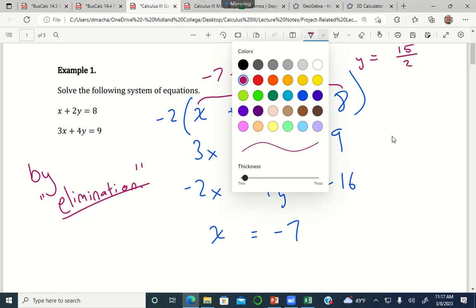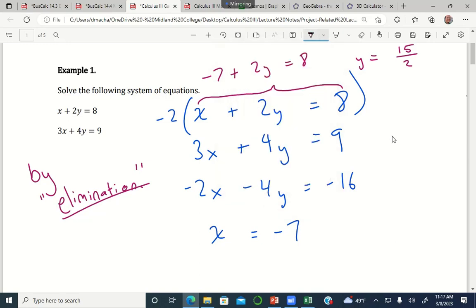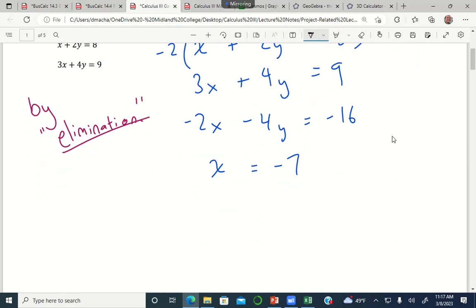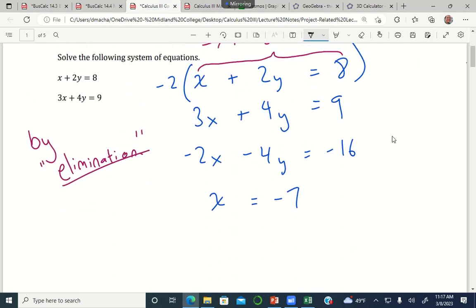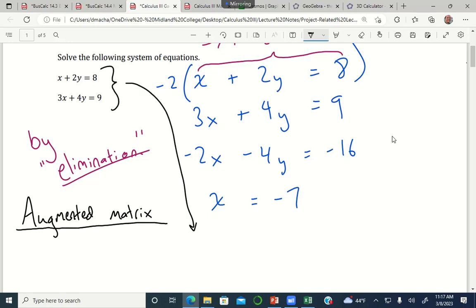The next step to make this a little bit more sophisticated is we're going to start by writing out an augmented matrix. And what an augmented matrix is, you take your system of equations and then we're going to write just the coefficients of the variables in order x, y, and then the constant after the equal sign.